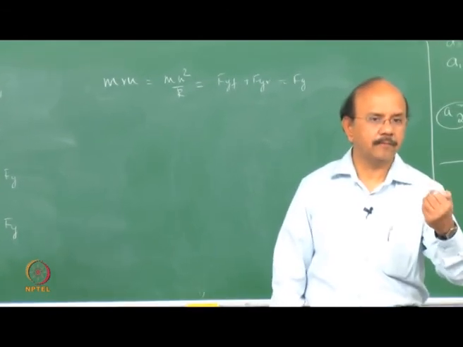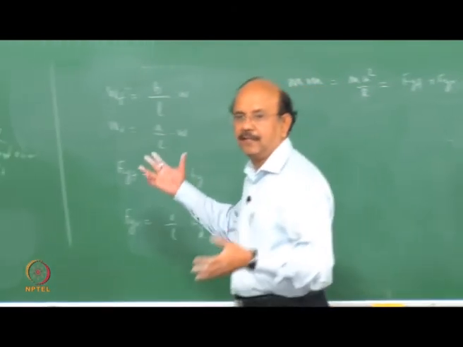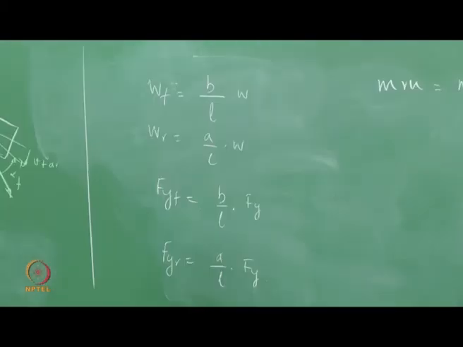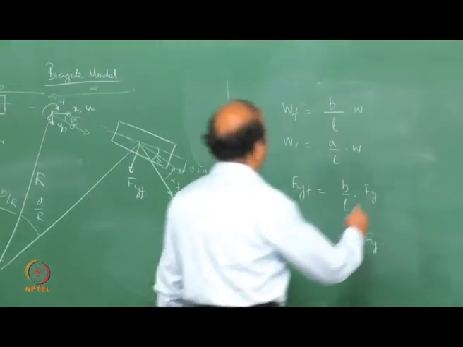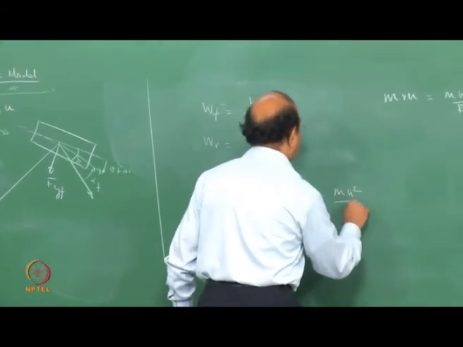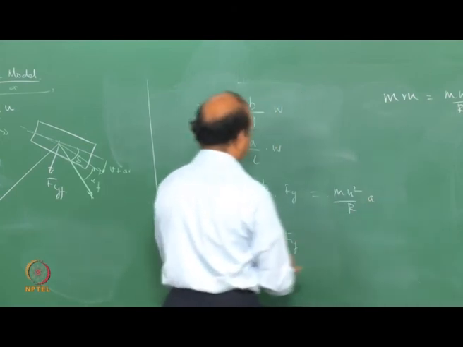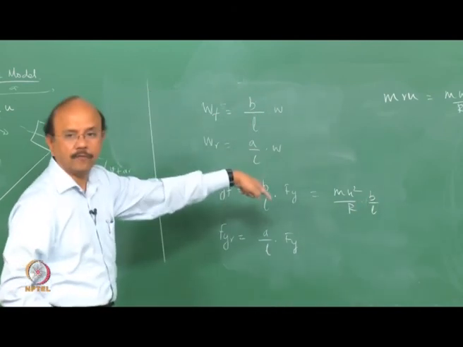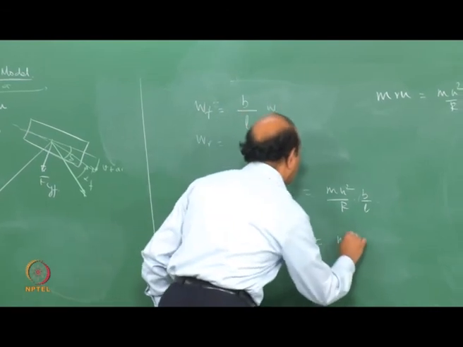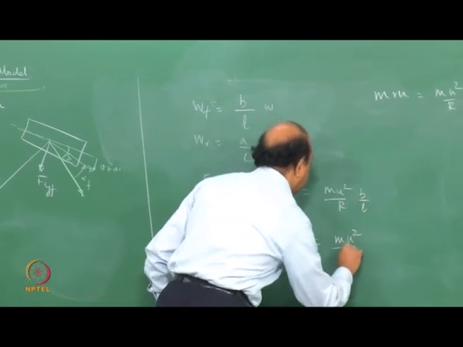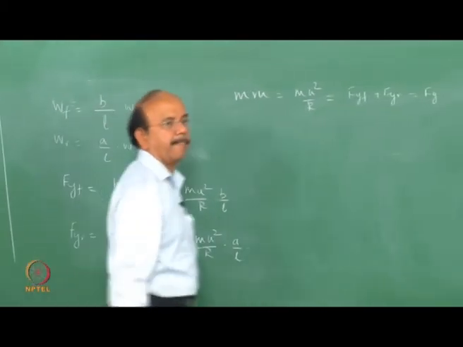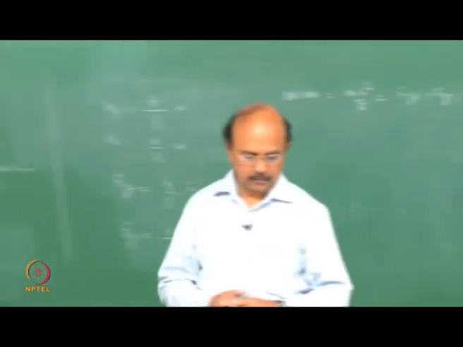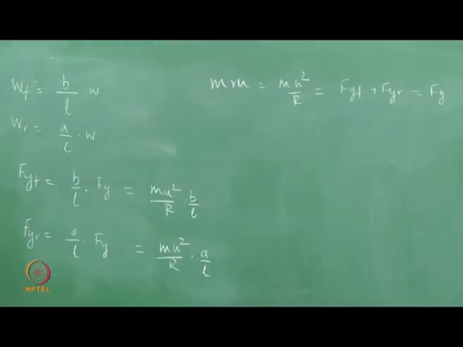Any questions? Okay, it's interesting to note that the lateral forces are distributed in the same fashion as that of the weights, which I can write as m u squared by r into b by L. That is, m u squared by r is the total Fy, and Fyf is equal to m u squared by r into b by L. Right?